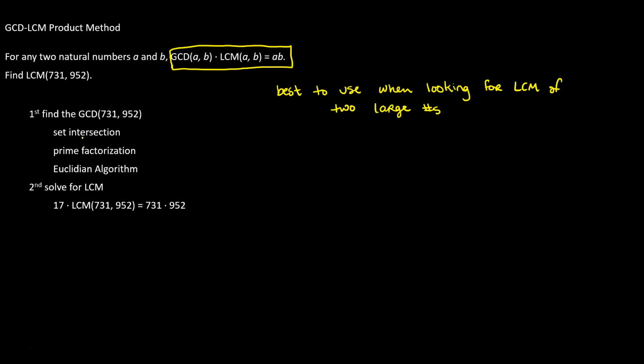Let's work through an example. First, we need to find the GCD. If we're looking at 731 and 952, we want to find the GCD between those numbers. We have a few options. We can do set intersection, prime factorization, or the Euclidean algorithm. Use whichever technique you'd like to.